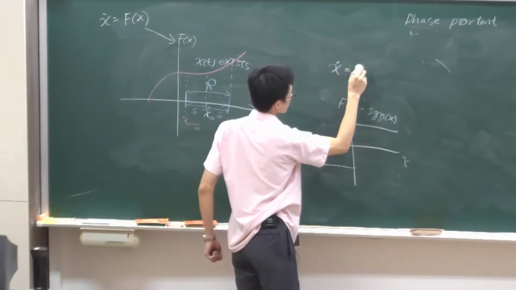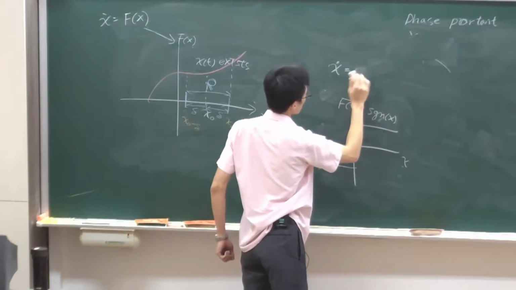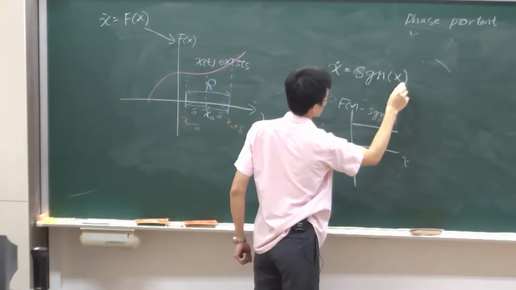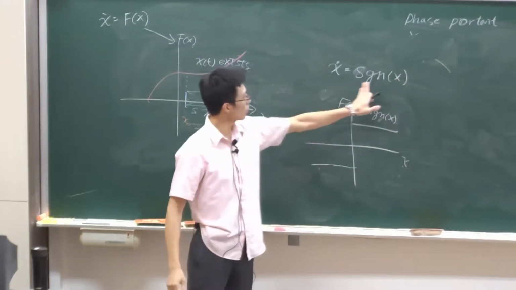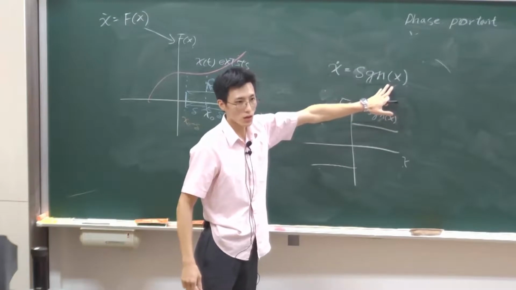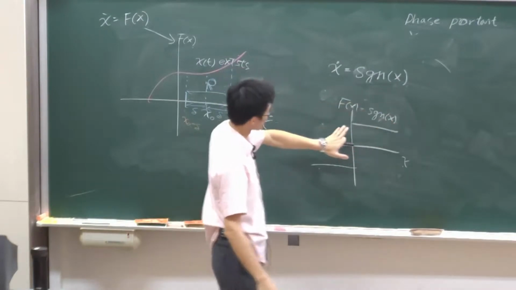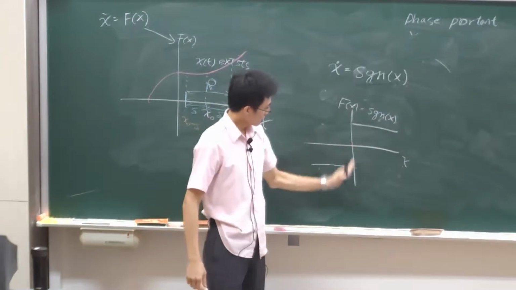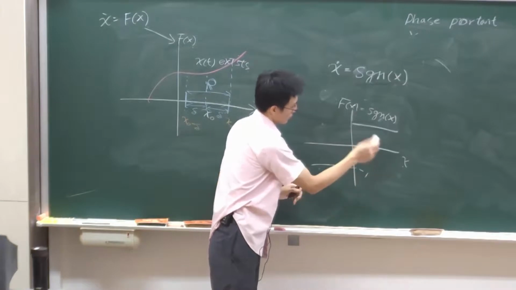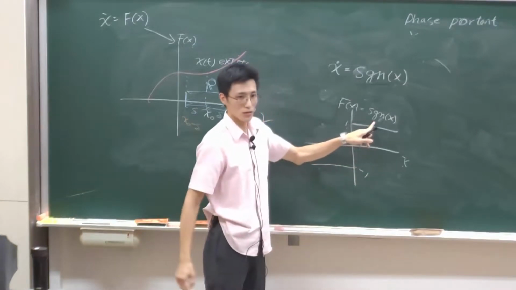In other words, given this function, does anyone know what the sine function is? It is minus 1 when x is on the left-hand side, and 1 on the right-hand side.